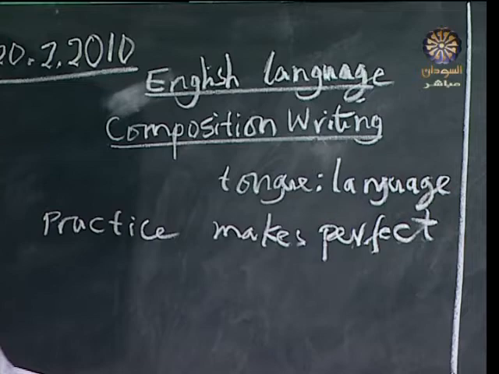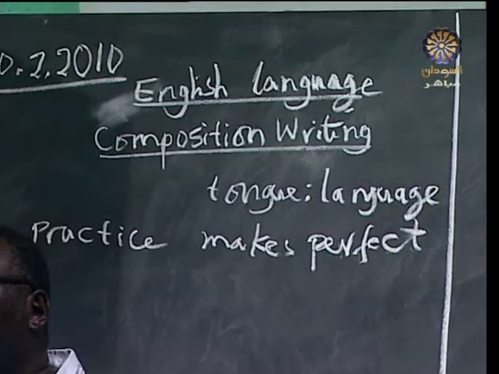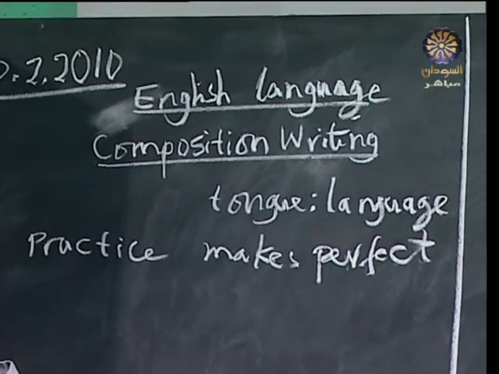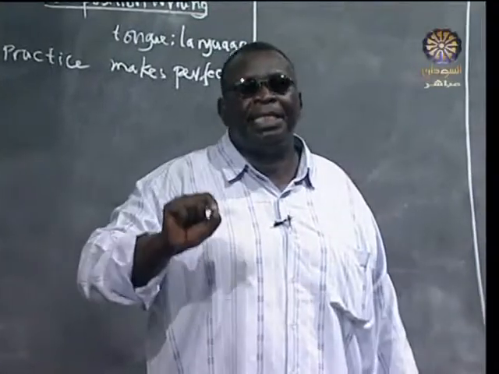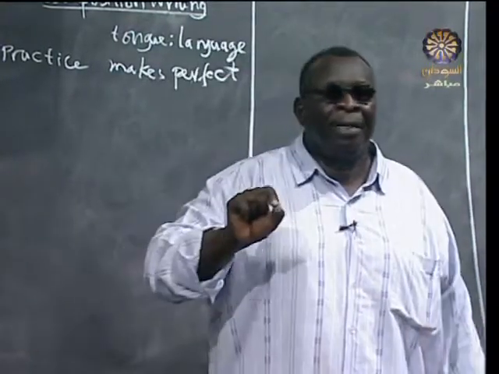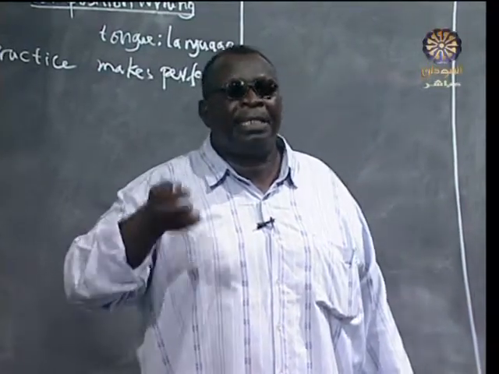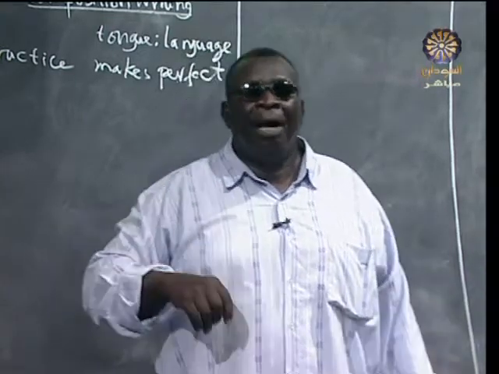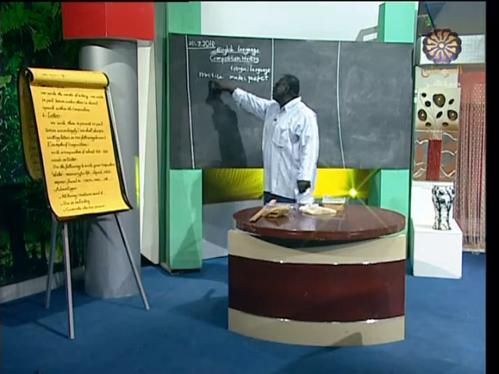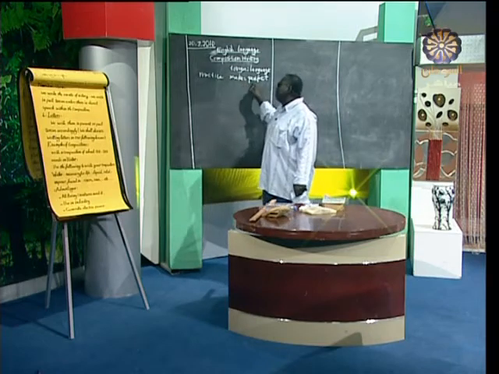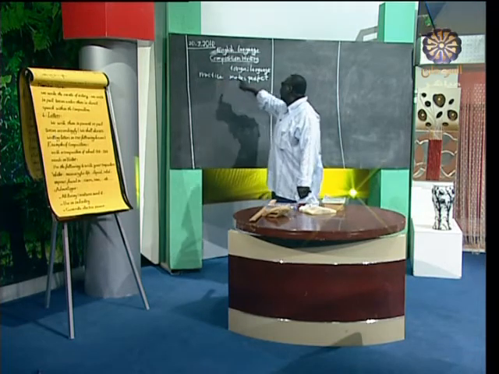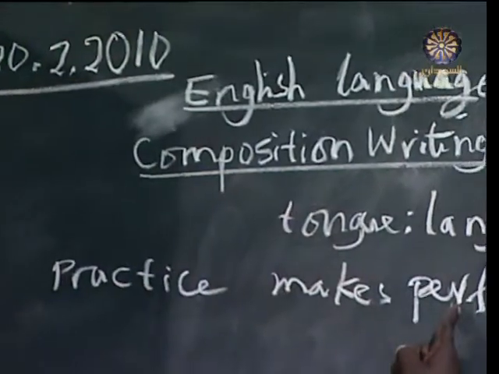I can write the first composition, and I'm going to make some mistakes. Then I will take my composition to the teacher, who is going to mark it, and then I am going to write for the second time, for the third time, until I become a good composition writer. So you must believe in this wisdom: practice makes perfect. That means the more you practice, the more perfect you become in writing.